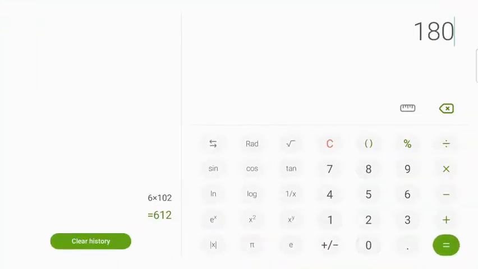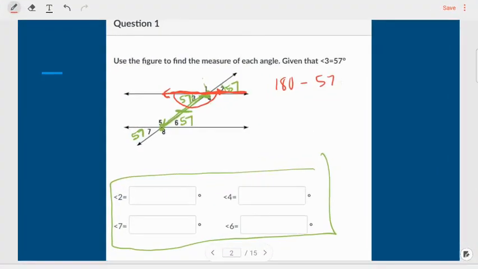So 180 minus 57 gives me a grand total of 123. So this angle 4 is 123, and if I were to slide this intersection down, 4 is corresponding to 8, so that's also 123. And 1 and 4 are vertical angles, and 5 and 8 are vertical angles. And again, you'll notice that I've got this alternation, 57, 123, 57, 123, 57, 123, 57, 123, and they're only those two sizes of angles.